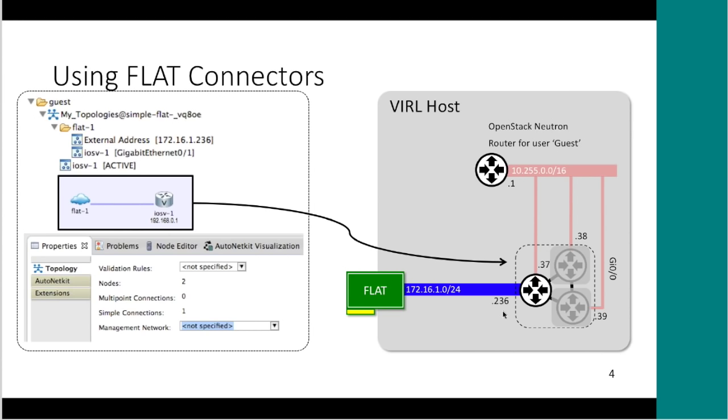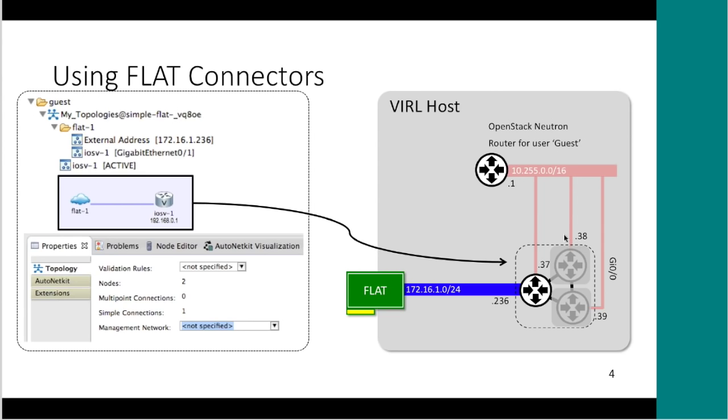Now, by default, when we create our topologies, our management network is set as not specified. When this happens, we create an OpenStack router internally with a network of 10.255.0. So that's what happens all the time, and that's how we can connect to all the other nodes.